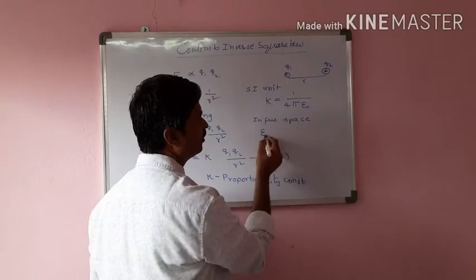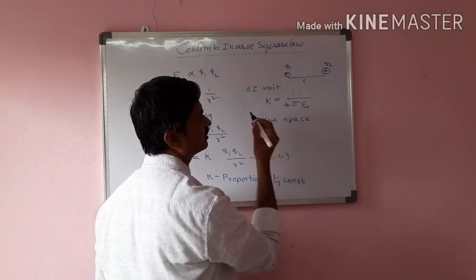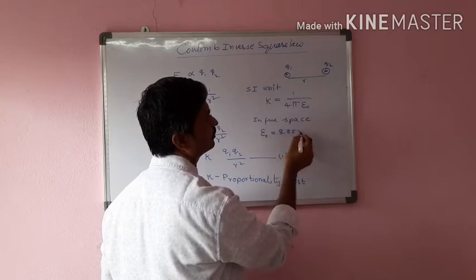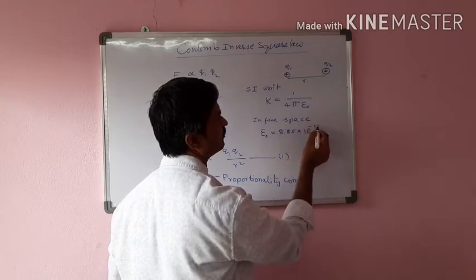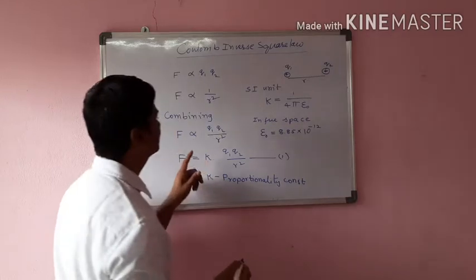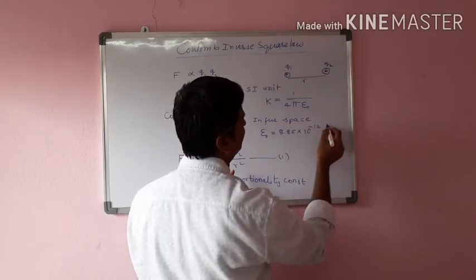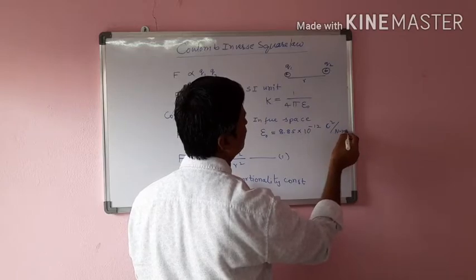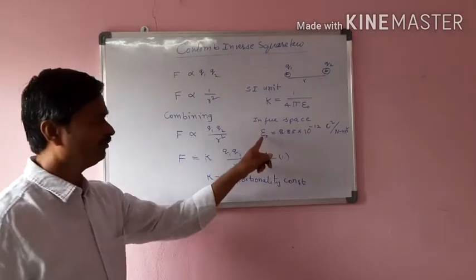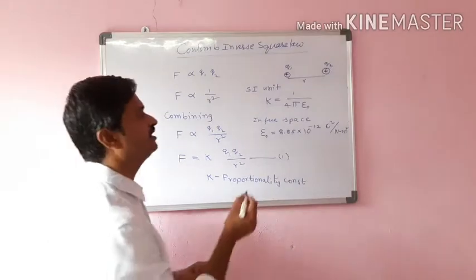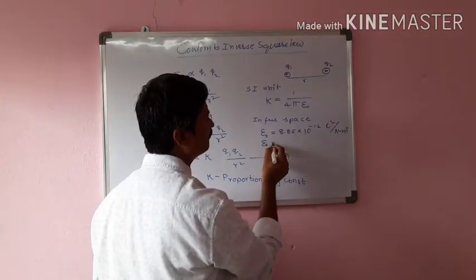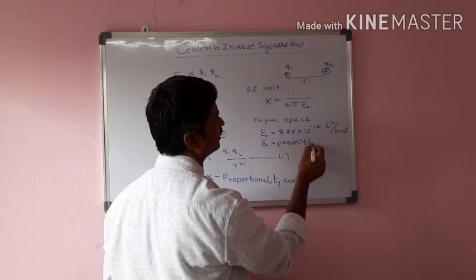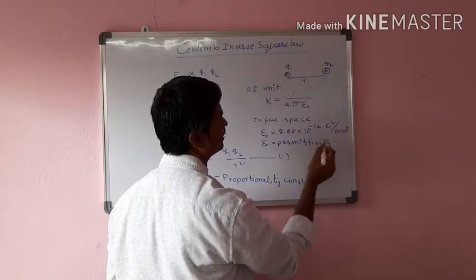Here, the value of epsilon naught is equal to 8.85 into 10 to the power of minus 12, in units of Coulomb square per Newton meter square. Here epsilon naught is called the permittivity of free space.